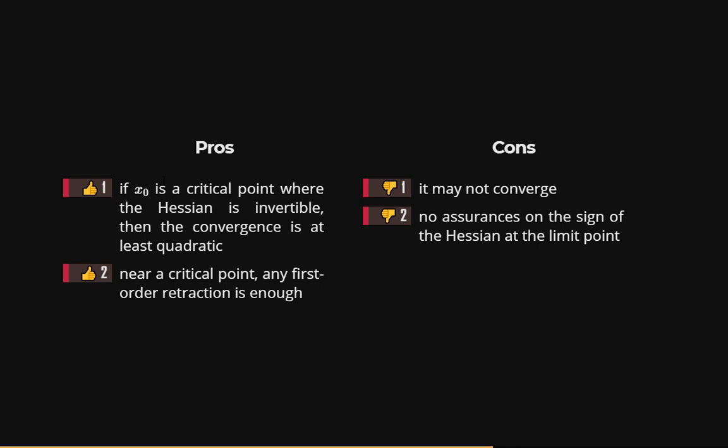Even if it converges, you don't know anything about the sign of the Hessian at the limit point. And quite often we don't have the matrix form of the Hessian, so it's not obvious how to solve the linear system. You cannot apply some matrix factorization or stuff like that to the Hessian matrix.